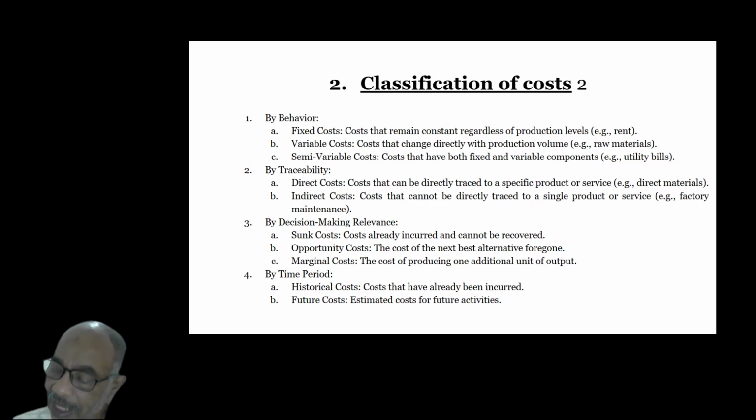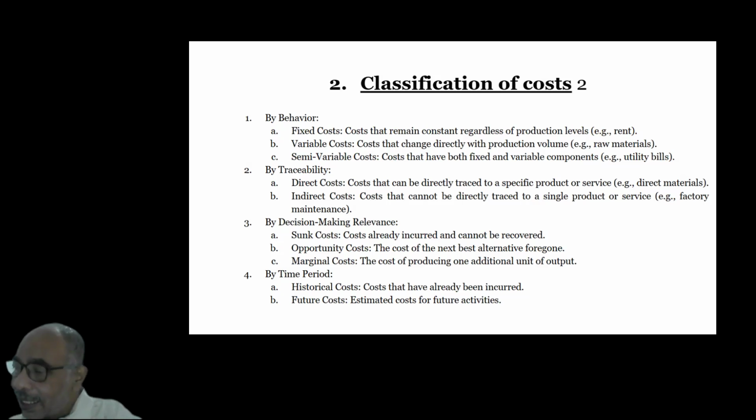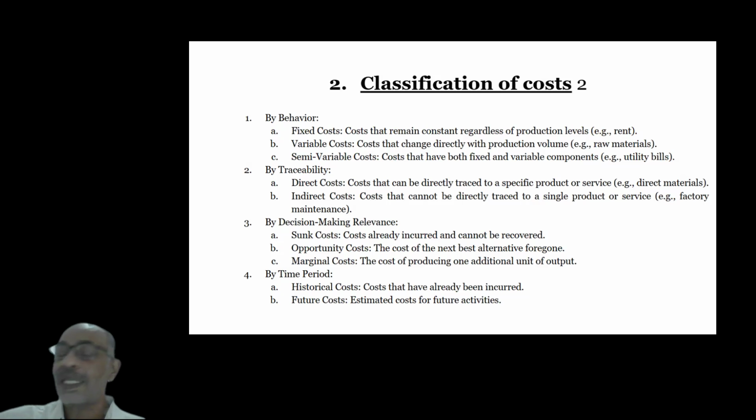Because 20 multiplied by 50 equals 1,000. So you can trace the raw material inside the production. The whole production will be multiplied by the unit consumption for that cost. This can be traced, so this is direct cost.